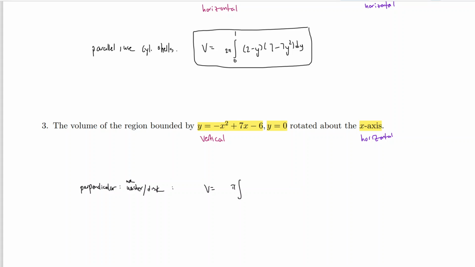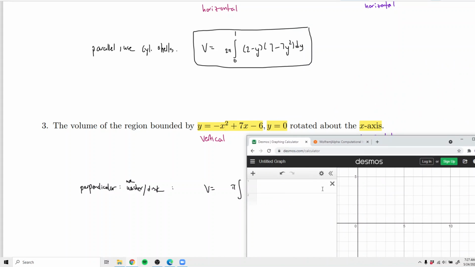We make circles. If we go ahead and graph these things, I'll graph it down here and then I'll move it up. We got y equals negative x squared plus 7x minus 6 and y equals 0, which is the x-axis, rotated about the x-axis.